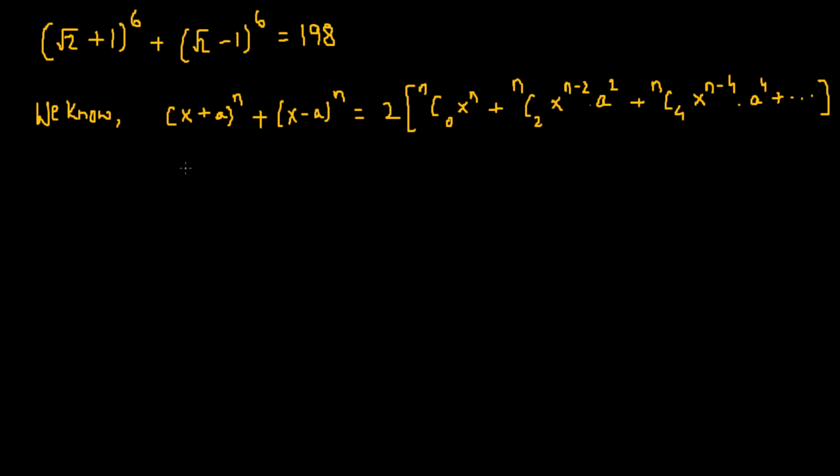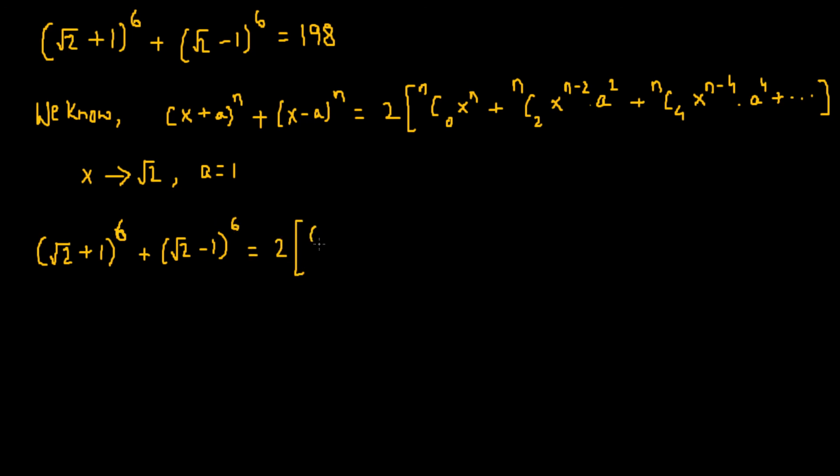So what we're going to do is replace x by root 2 and a by 1. That should give us root 2 plus 1 raised to the power of n plus root 2 minus 1 raised to the power of, no, this will be 6. This is equivalent to 2 times 6C0 x to the power n.